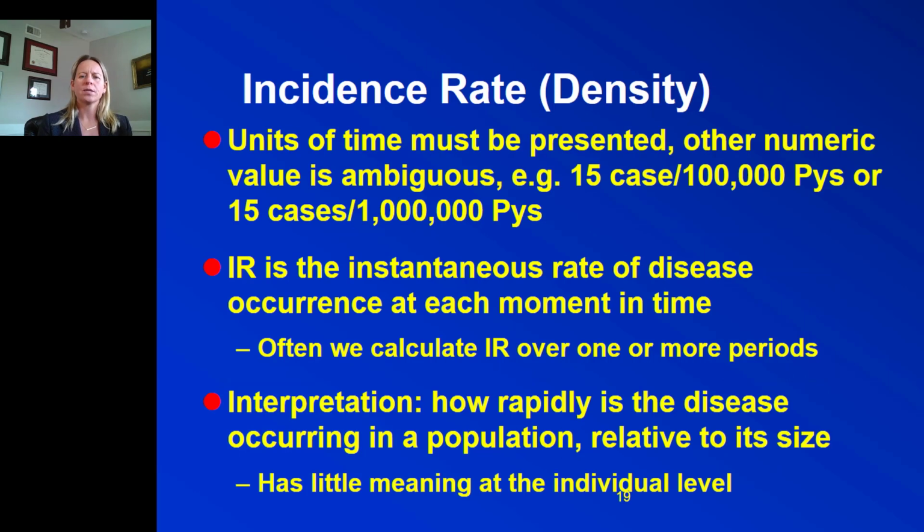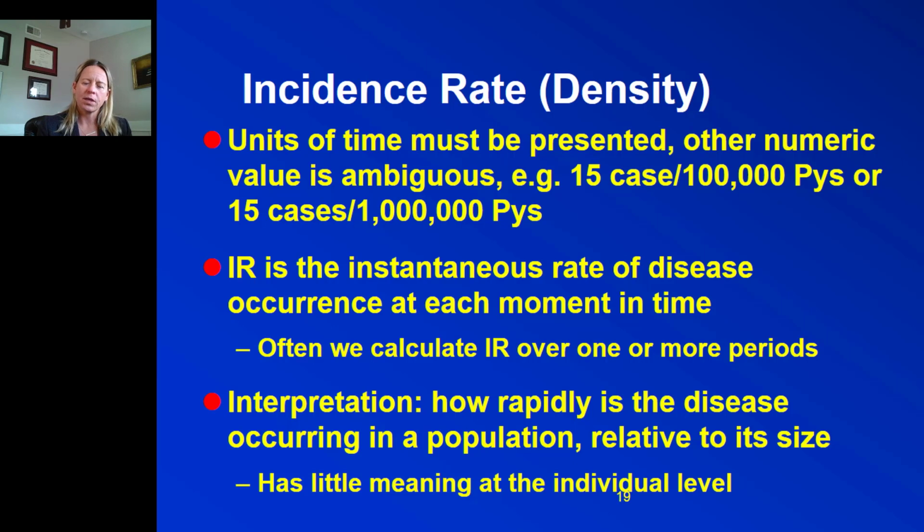With incidence rate, the unit of time must be presented, as with incidence density and cumulative incidence. Incidence rate is viewed as the instantaneous rate of disease occurrence at a particular moment in time, because it's calculating person time. So we often calculate incidence rate over one or more periods.